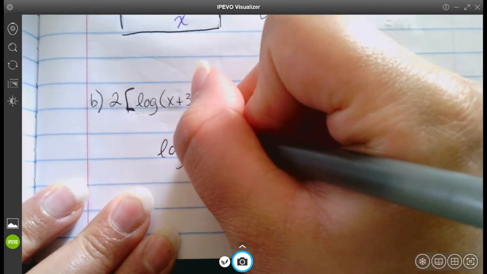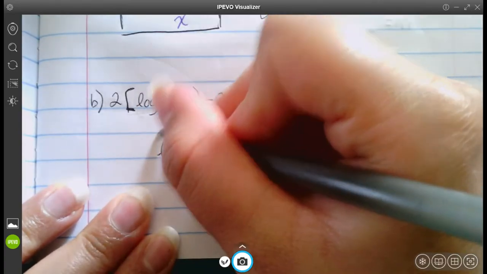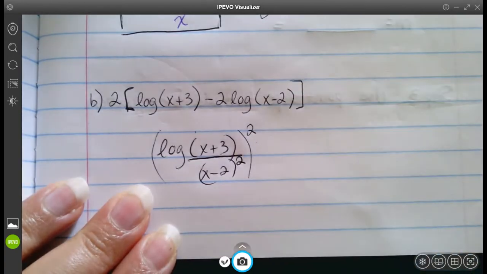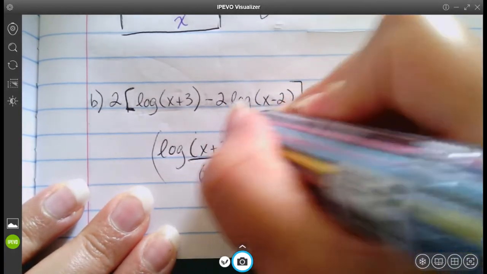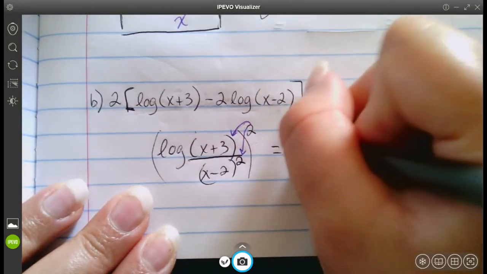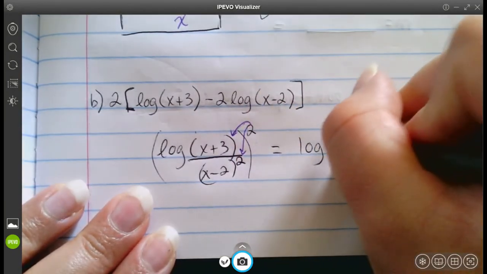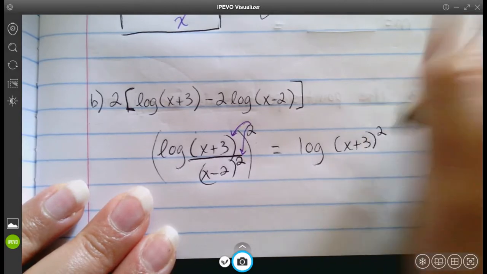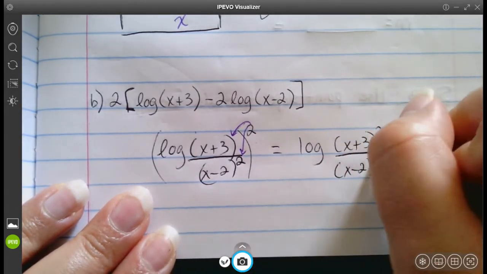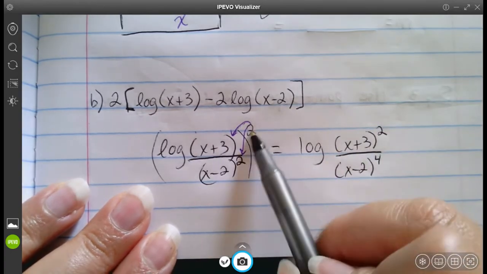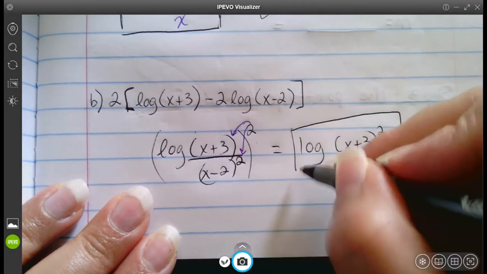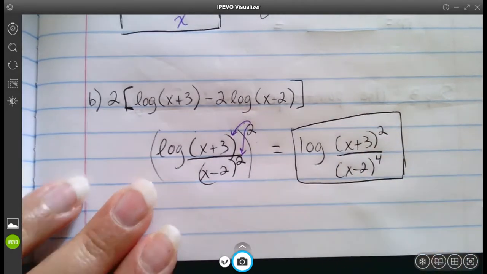So basically the 2 is just going to go to my parentheses, right here and right here. Okay, so this is going to be log x plus 3 squared all over x minus 2 to the 4th power. Because when you're distributing power to power, you're actually just multiplying. And that is it for that one.